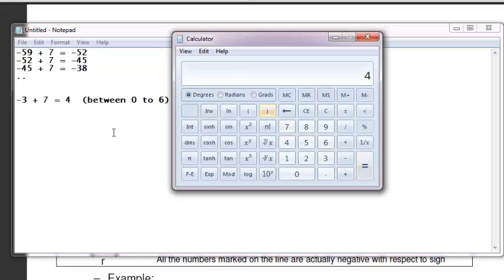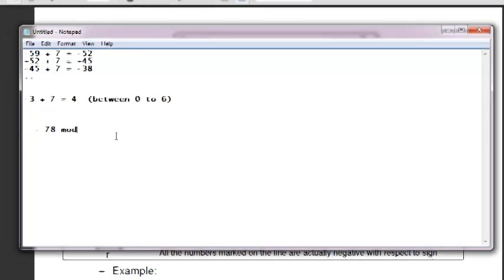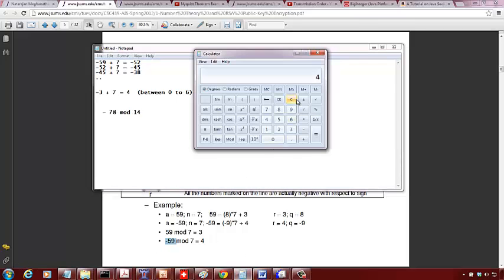Right? So if you want one more example, let's do something like negative 78 mod, say 12, not 12, let's do something like 14. Okay, so when you divide negative 78 by 14, you get negative 5.5714.